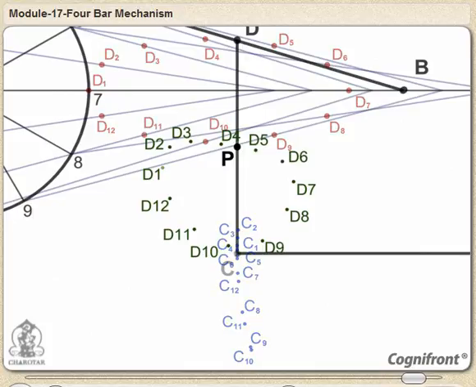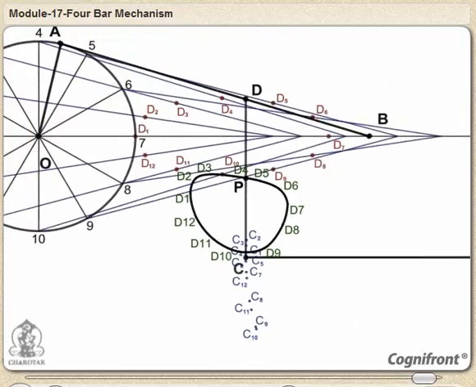Thus, we can determine the locus of a midpoint of a link in the 4-bar mechanism.